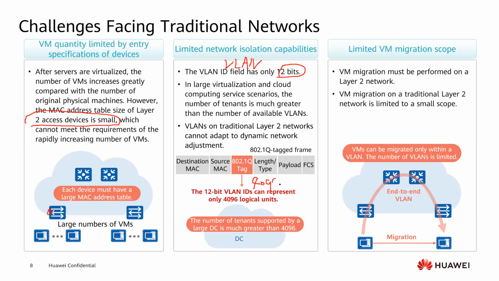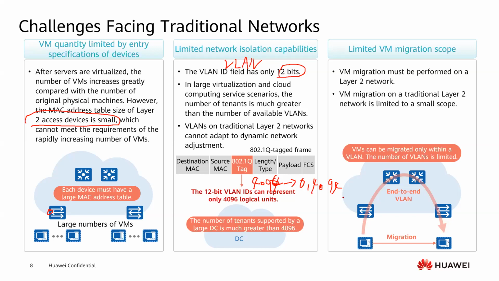VLAN ID 0 and VLAN ID 4095 should not be used. So the real number of VLANs we can use is not too many, as we have already seen before.